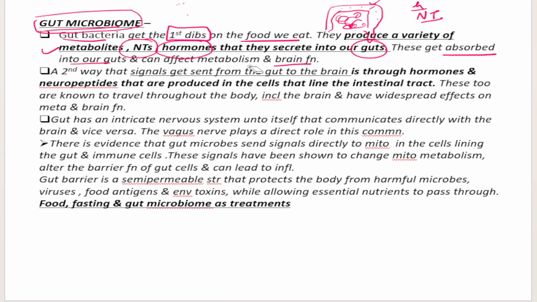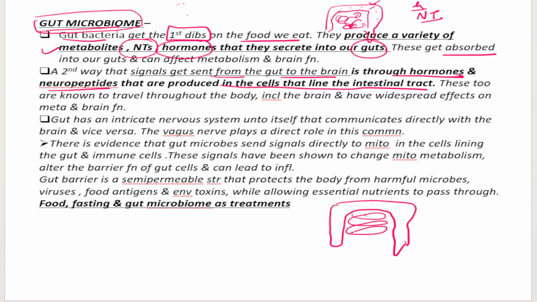Then the second way that signals get sent from the gut to the brain is through hormones and neuropeptides that are produced in the cells lining the intestinal tract. So this is the intestine, the large intestine, and here is the small intestine.